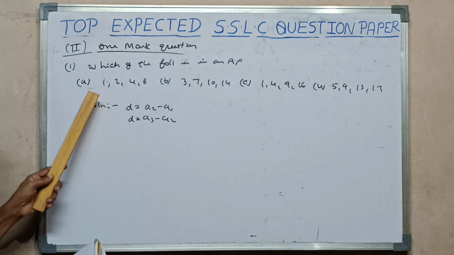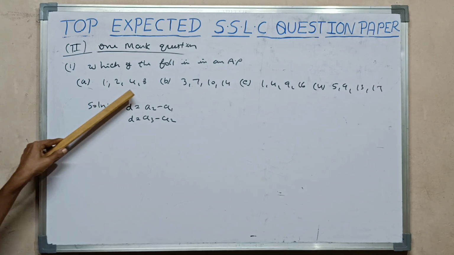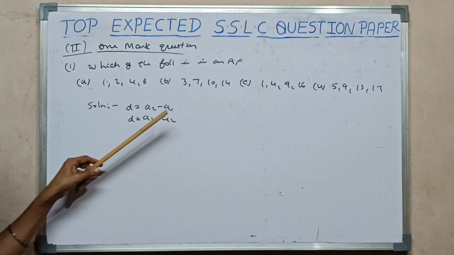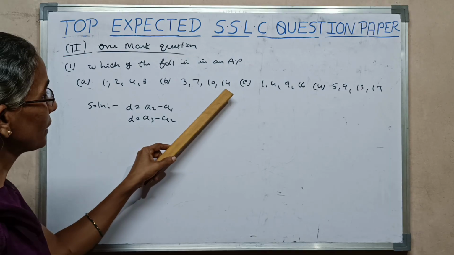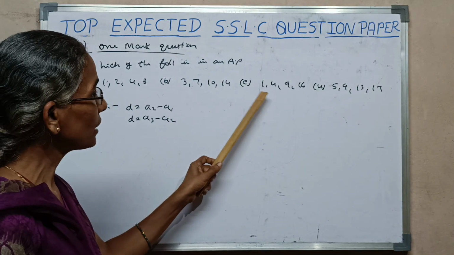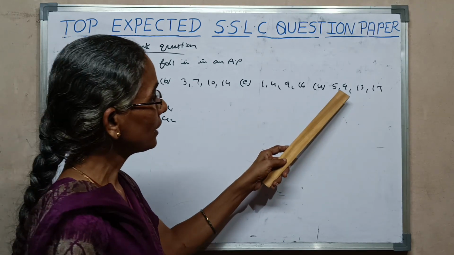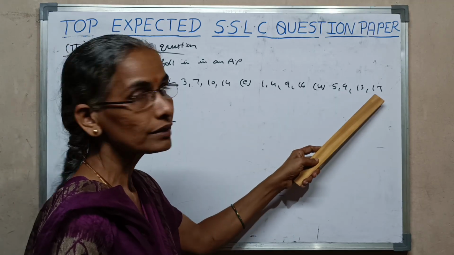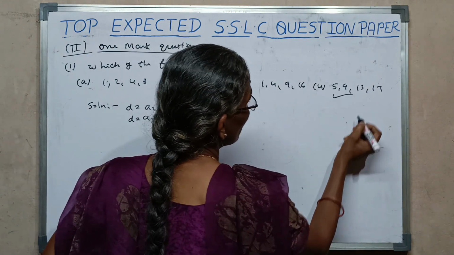In the first answer 1, 2, 4, 8, the difference is not constant: 2 minus 1 is 1, 4 minus 2 is 2, 8 minus 4 is 4. In the second, 7 minus 3 is 4, 10 minus 7 is 3, 14 minus 10 is 4, so the difference is not the same. The third one is square numbers, so the difference is not the same. In the fourth, 9 minus 5 is 4, 13 minus 9 is 4, and 17 minus 13 is 4. So the answer is fourth.